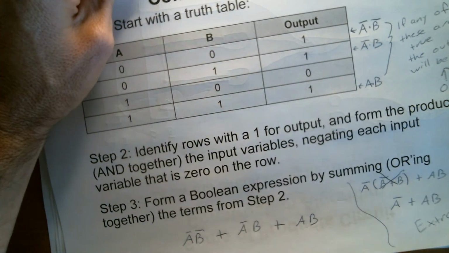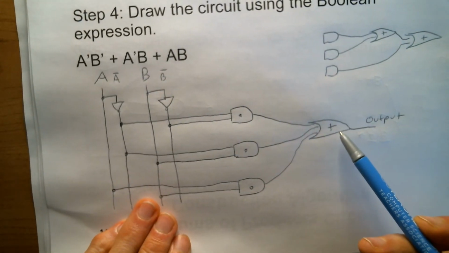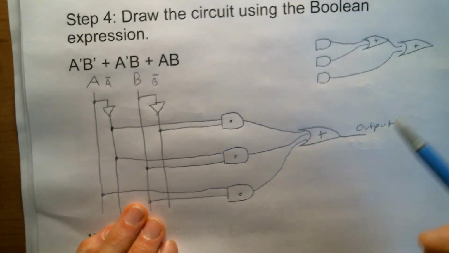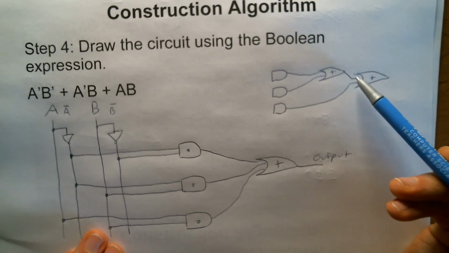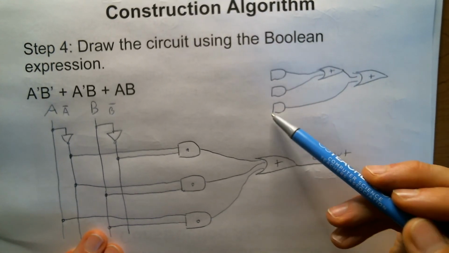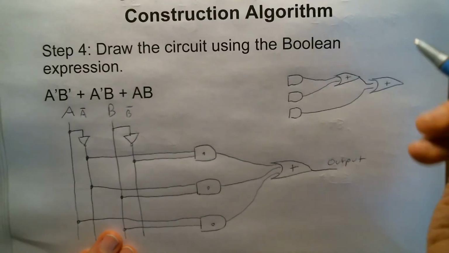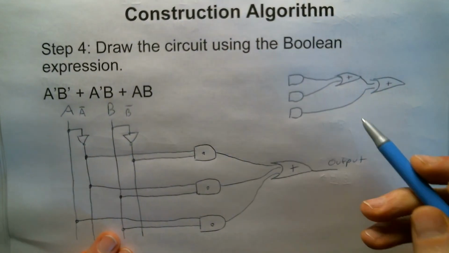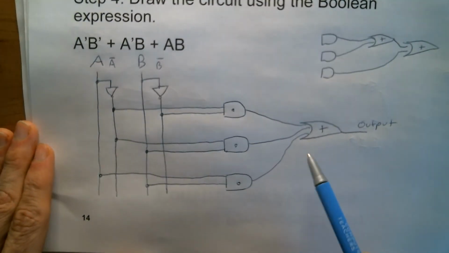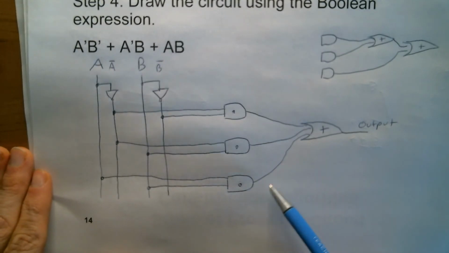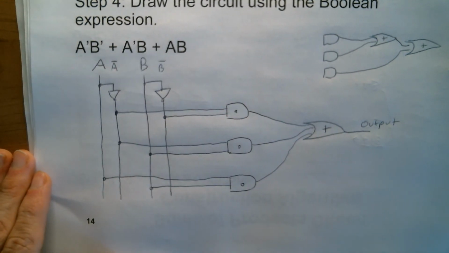For this class, I'm okay with you feeding them into a single OR gate instead of having to show that these 2 feed into this one, which has an output, and it feeds into this one, which is picking up the input over here. I don't need this level of detail. If you want to give me that level of detail, I'm not going to mark it wrong, but I'm fine with you just putting all of these into our OR gate and using that as our output. Okay?